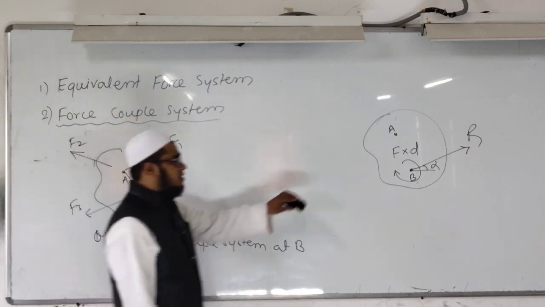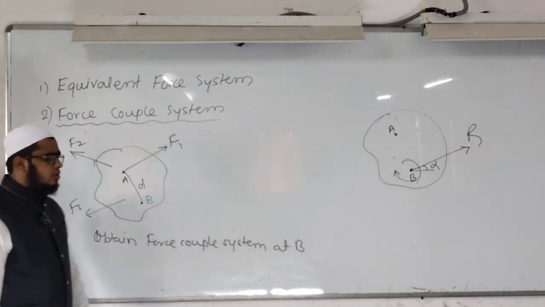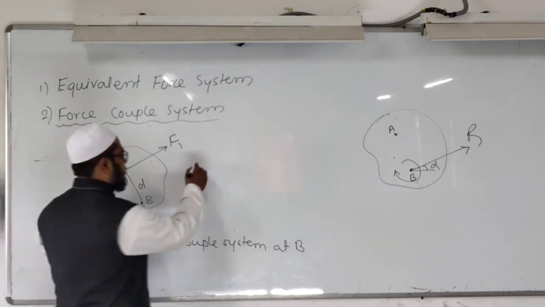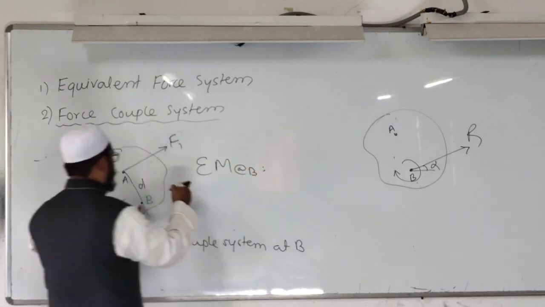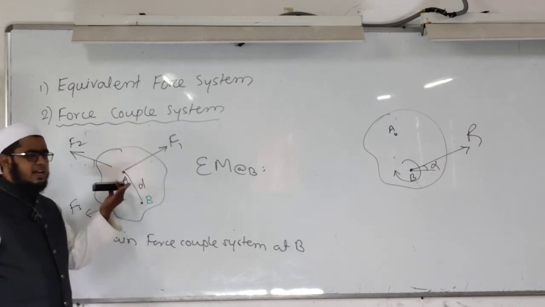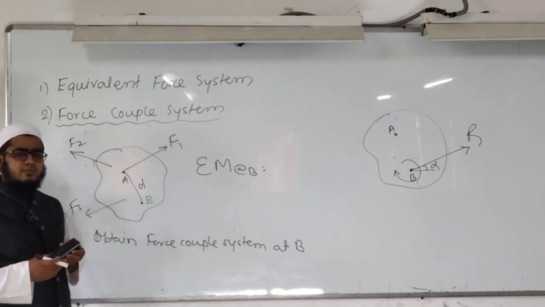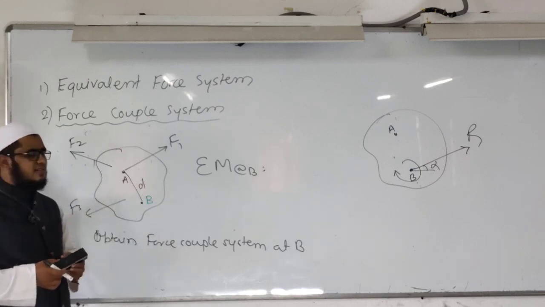In the second step, I will calculate the moment about point B. I will calculate the summation of moments about point B due to all the forces F1, F2, F3, as we have seen in numericals.